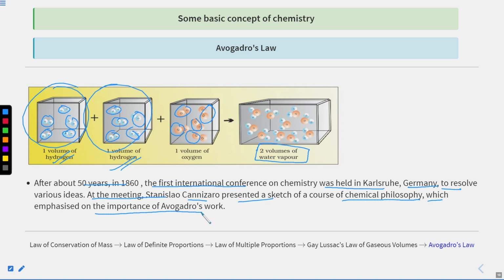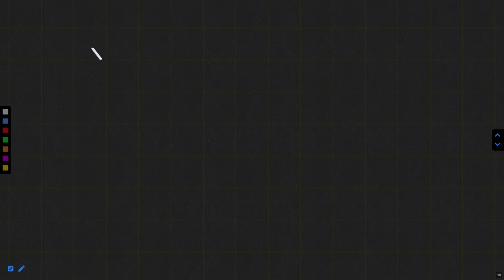Now, let us summarize all the laws we have seen. So what was the first law? The first law was the law of conservation of mass.